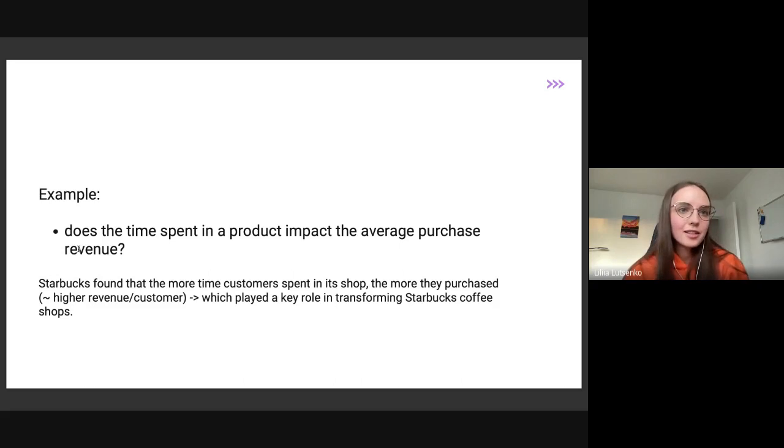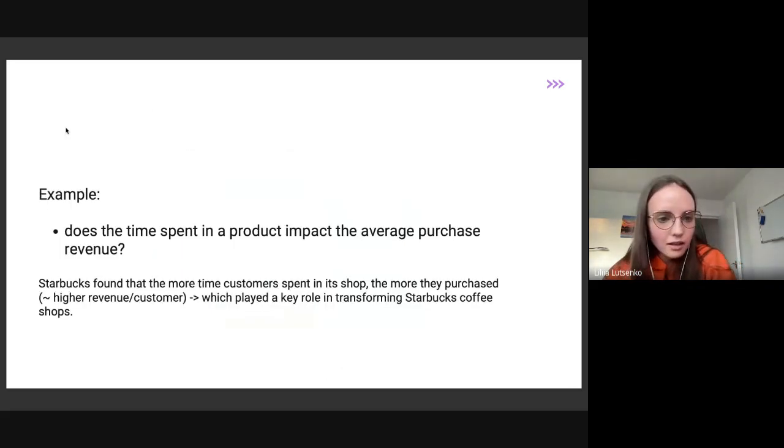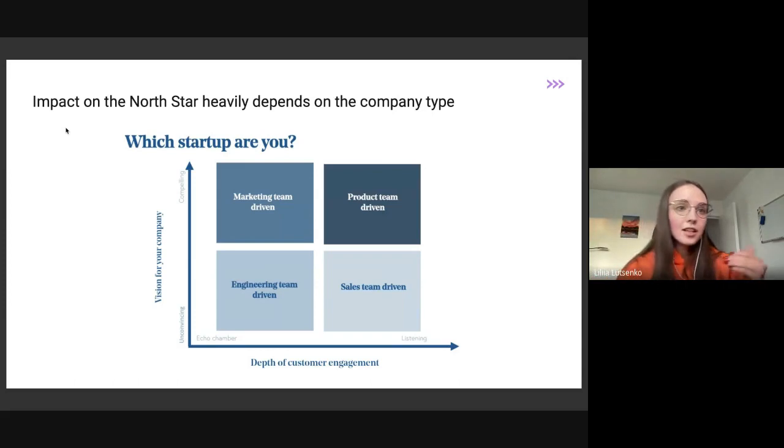So when does it make sense to do this correlation analysis with user actions and our metrics? I would say it makes sense when this analysis is related mainly to correlation of variables with your North Star or its drivers. And here, drivers depend on what sort of company you are.